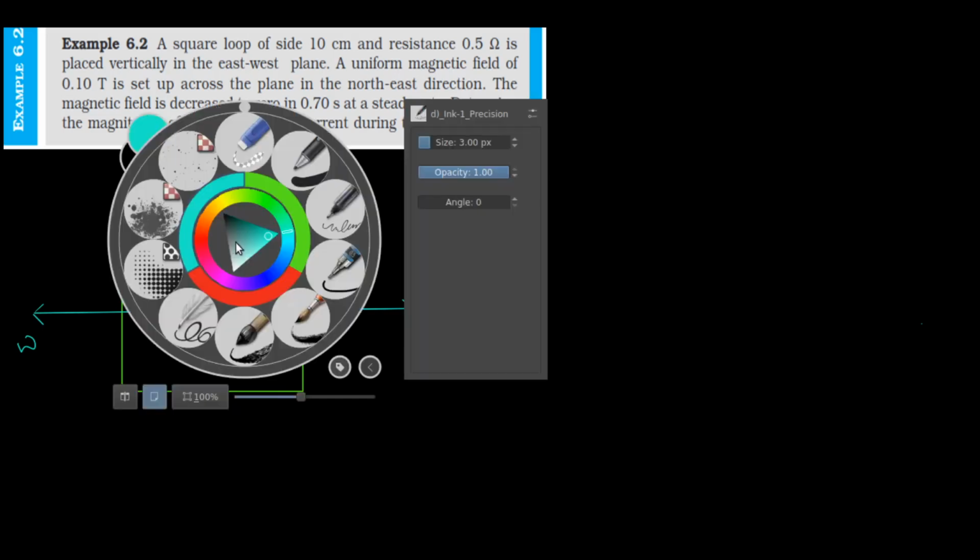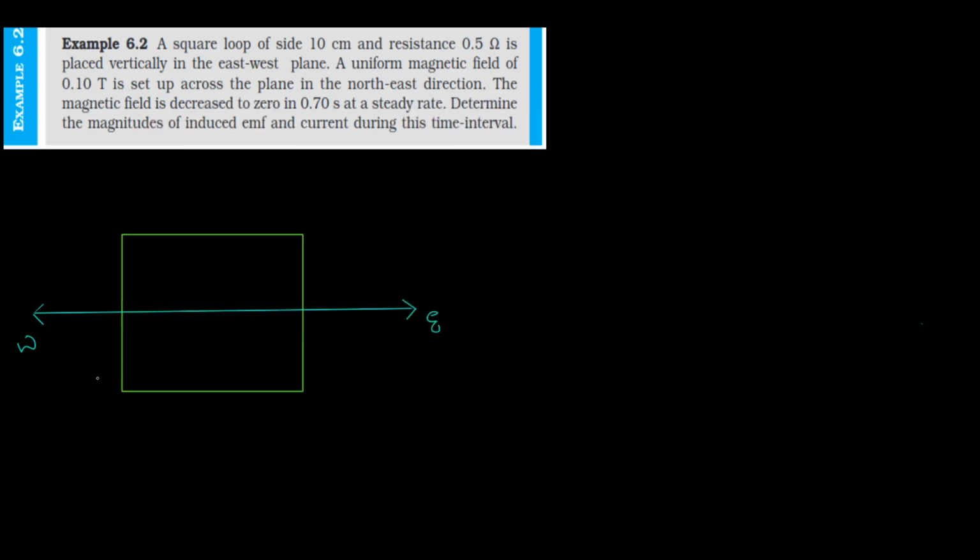And in this problem I'll not make a mistake of calling this as north. No, that direction is vertically up. My north actually is directed inwards, so I'll try to draw north like this. So my north actually is something like that.